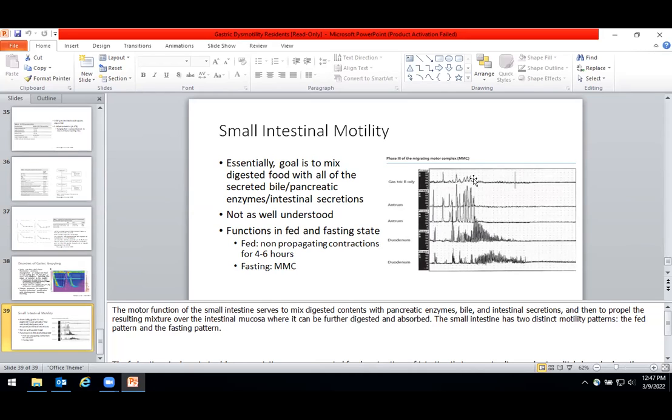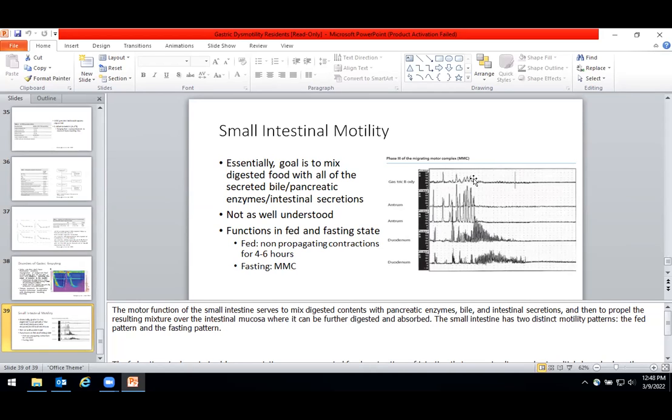But any other questions about this particular entity or any GI thing in general? Is dumping syndrome only associated with people that have bariatric surgery? Yeah, so for the most part, yes. There are times where I'll see patients who get a gastric emptying study with native anatomy, and it shows rapid gastric emptying, and they'll have symptoms that sound like dumping syndrome.